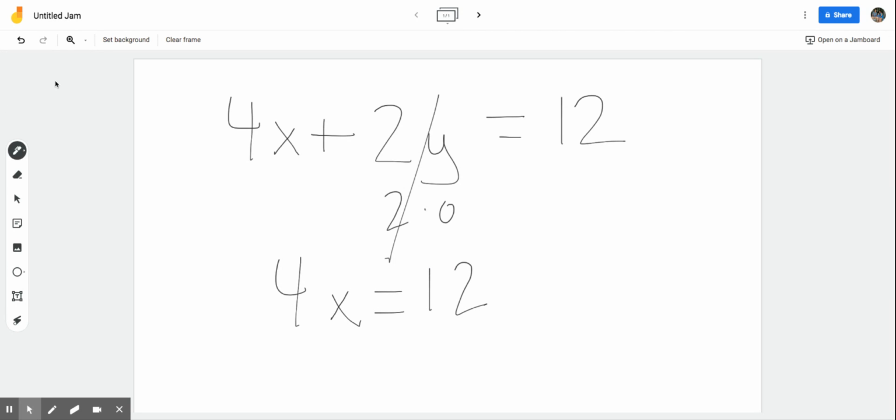And I'm going to solve my one-step equation. And x is equal to 12 divided by 4, which is 3. Once again, we're not to the graphing point. We're just to the solving point. So it's kind of like making one variable invisible and solving a one-step equation each time that we do it.